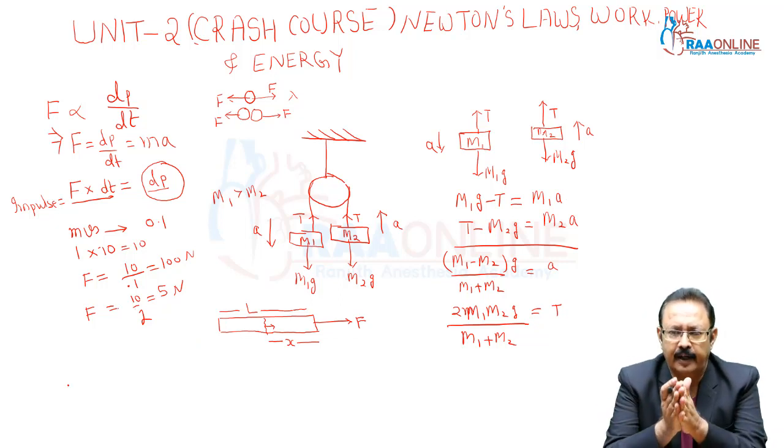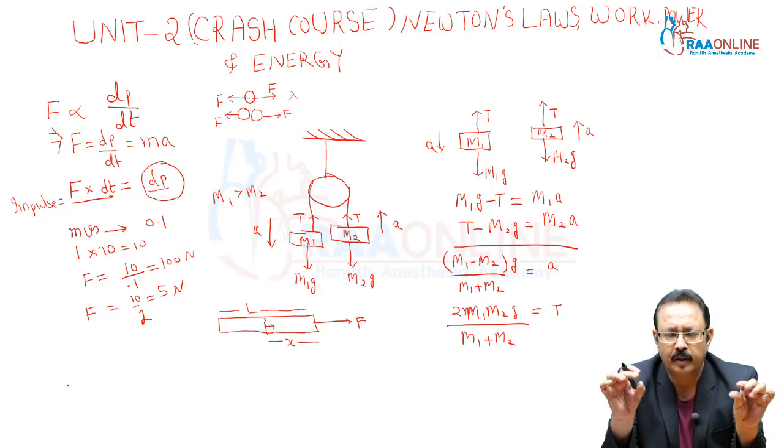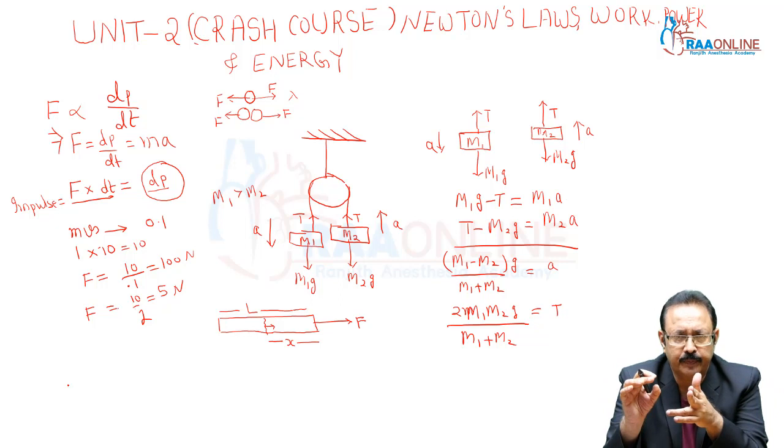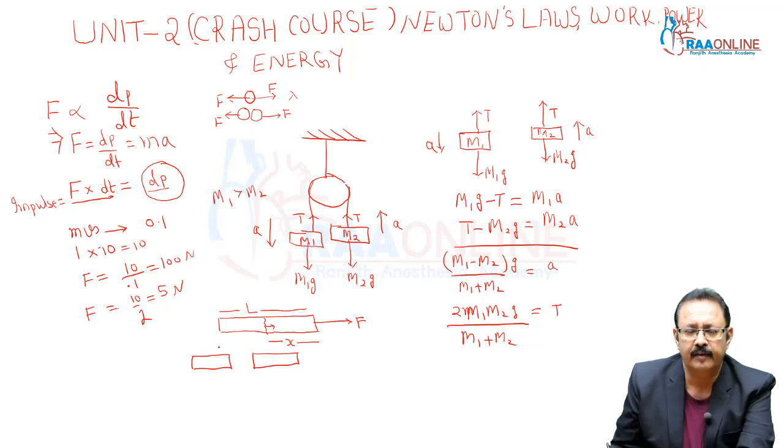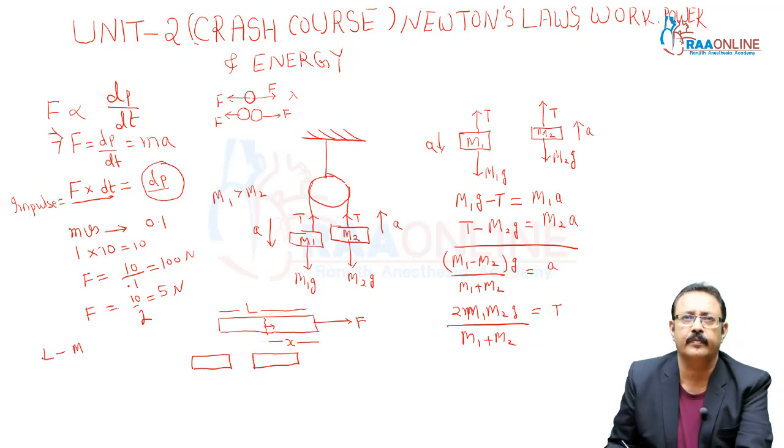See, I am breaking the rope. I am cutting this rope in two parts, one is this and the second one is this. Its mass we can calculate. Suppose the mass of whole length L is m.